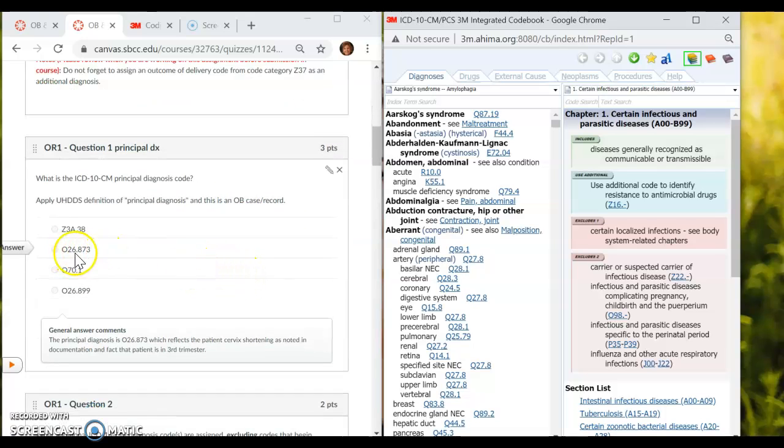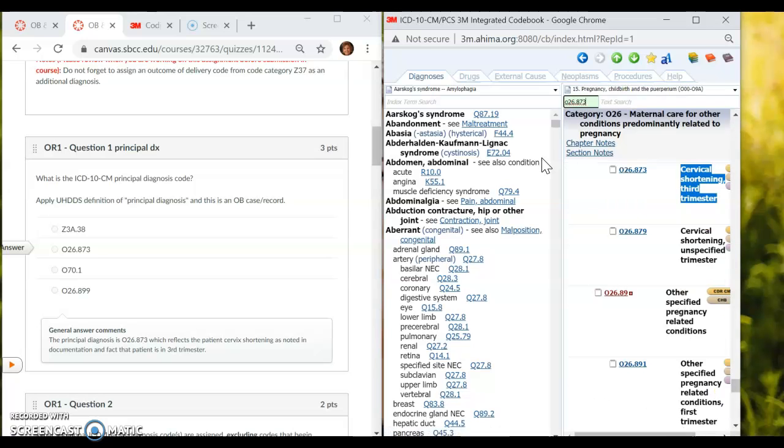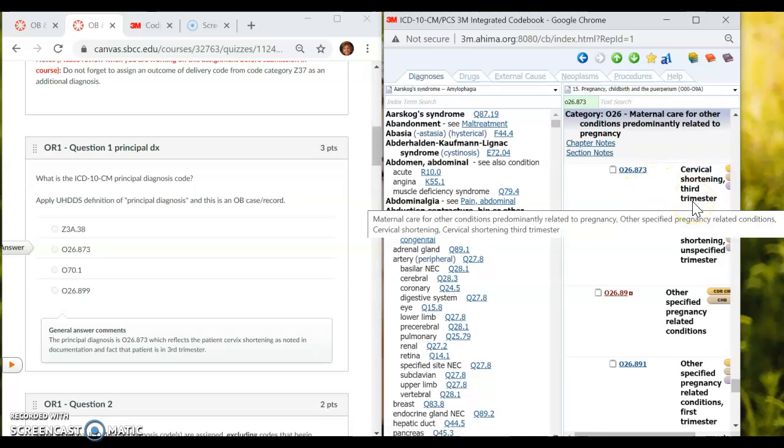So with that, we want to code the cervical shortening. So if I pull this up here, keep in mind Z3A.38 is the amount of weeks. We never ever have that as the principal diagnosis. So let's just go ahead. We're going to make sure it's O. Okay, so we have O26.873. Okay, this is cervical shortening, third trimester.